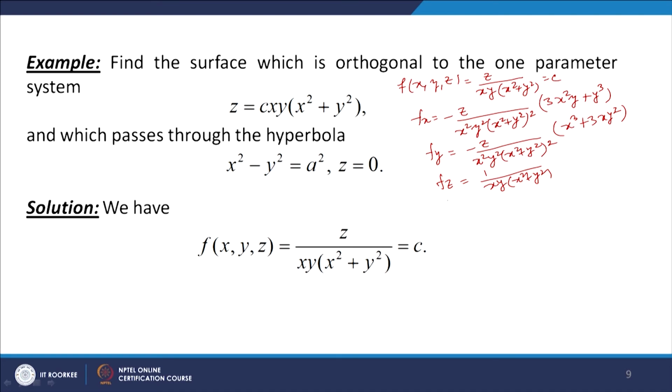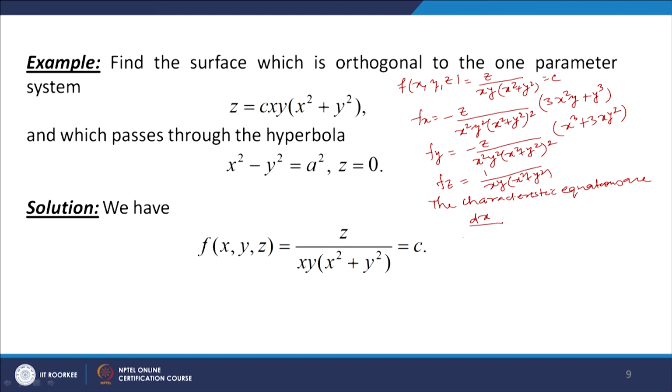So let us write the characteristic equations. They are dx over fx.